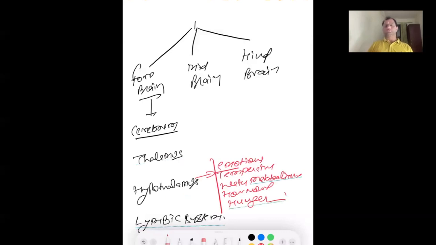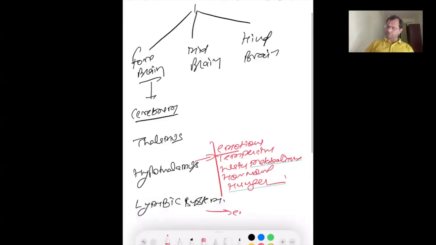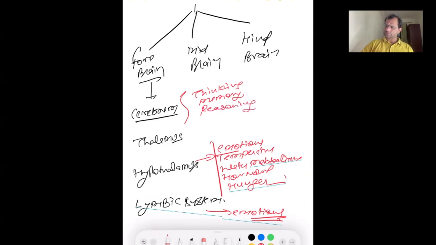And the limbic system is connected with the emotions. Cerebrum is connected with thinking, memory, reasoning, learning, math skill. Cerebrum.